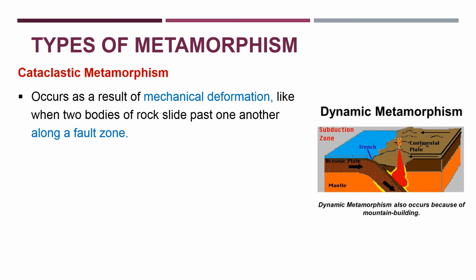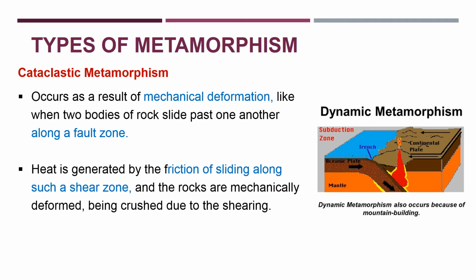This is an example of dynamic metamorphism, the subduction zone, where the oceanic crust sinks underneath the continental crust because of its high density. Heat is generated by the friction of sliding, as the two slabs meet each other and slide against each other.